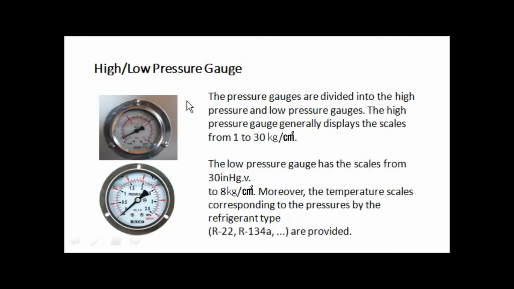For a safe refrigeration system, and the ones mainly used in this modern technology, it must have this gauge to indicate what is going on in the system, to indicate the pressure of the refrigerant in the system for the low and high side of the system.